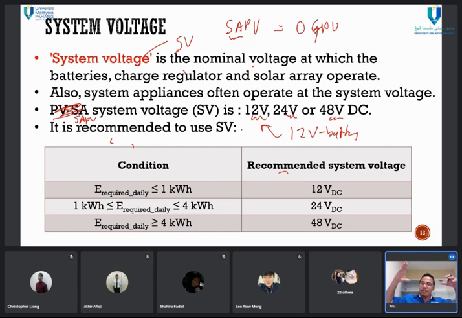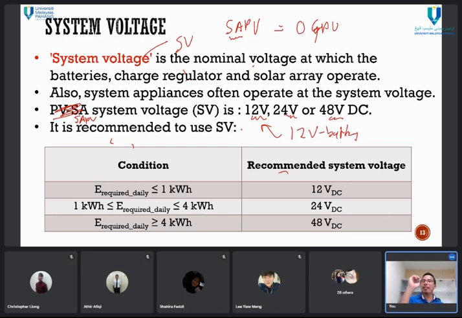It doesn't mean we have one piece of 24 volt battery. Yes, we have that also, but you can simply combine two batteries rated 12 volt in series, then you get a total of 24. The same with 48: you have 4 pieces of battery with 12 volt rated voltage. It's the same with the normal lead acid battery.